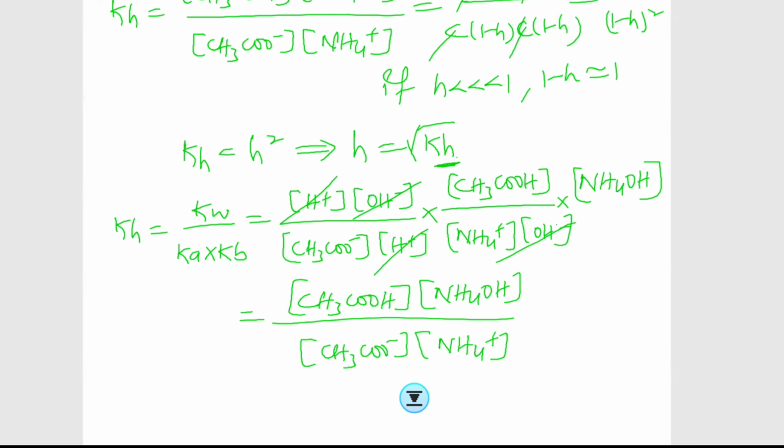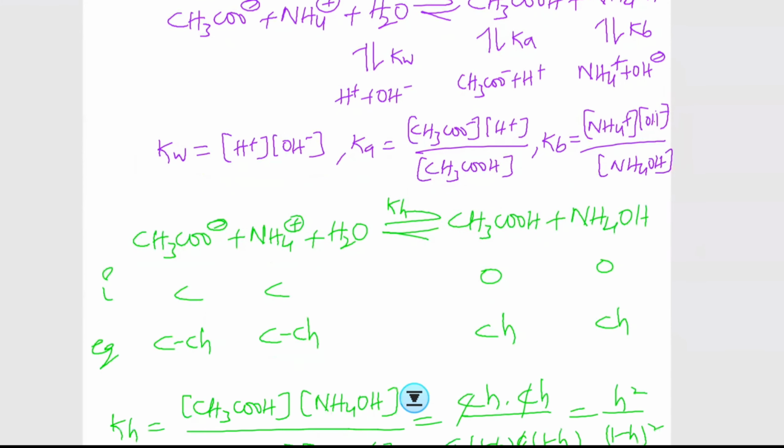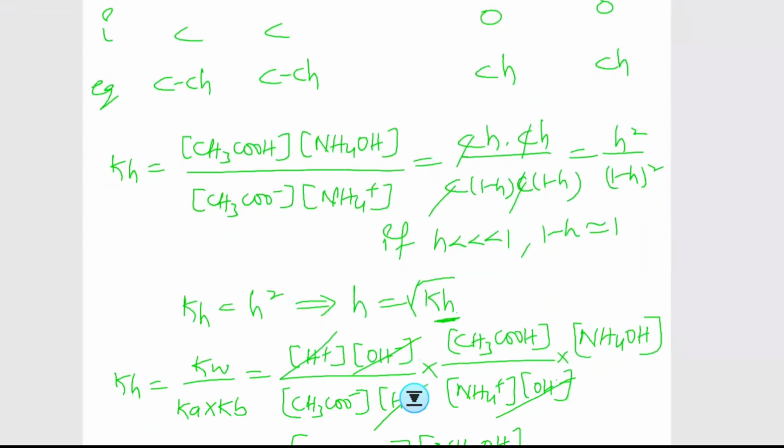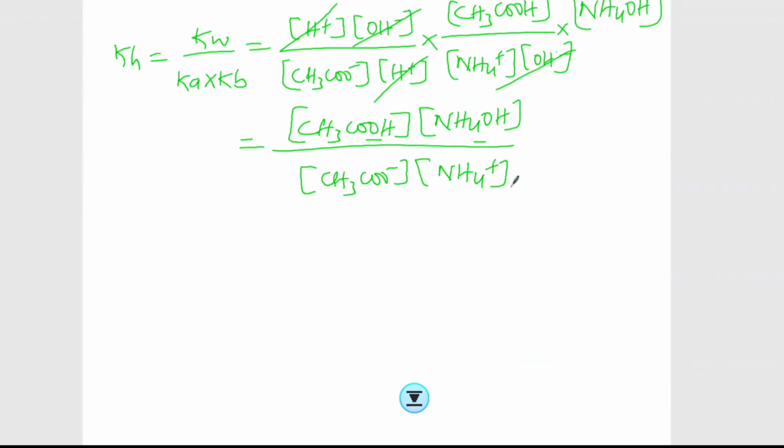Just look here whether it is correct or not. So Kh, where we have written acetic acid, NH4OH by their ions. So we can write Kh as Kw by Ka into Kb.